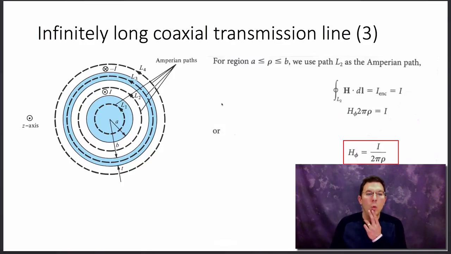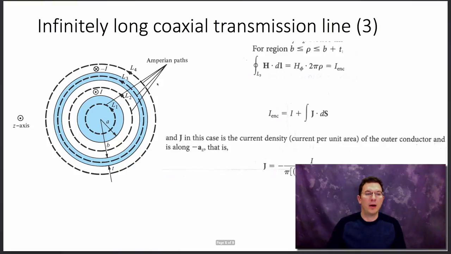Okay, one more region, well, two more really. The next one is rho between b and b plus t right here. When we're inside of the conductor, the outer conductor, what's the expression for the magnetic field in that case? Okay, let's set up our equations.